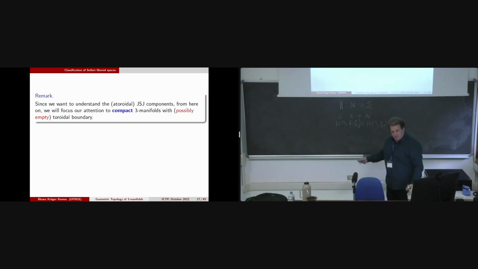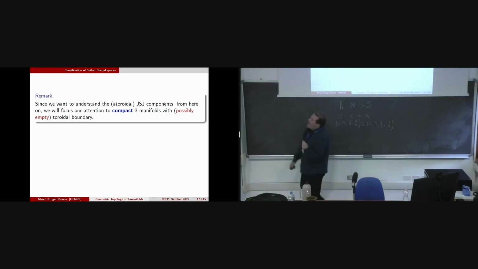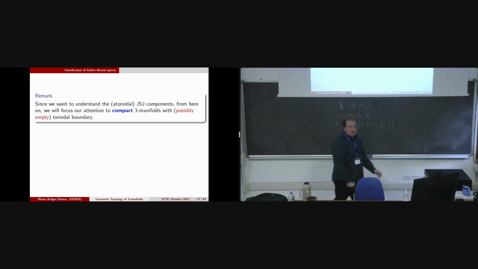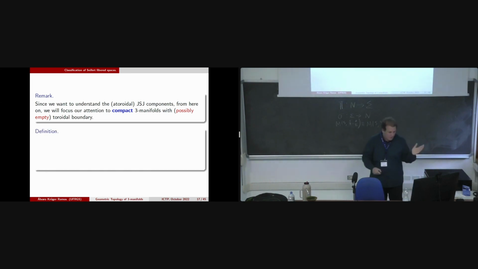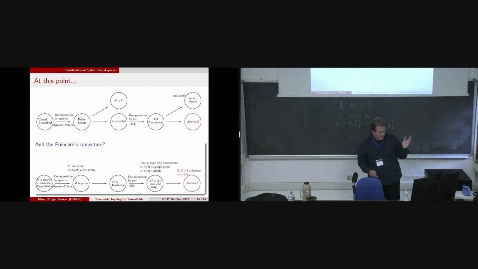Since we need to understand toroidal manifolds, and these manifolds have a toroidal boundary, we need to work now with compact 3-manifolds with toroidal boundary, which could be empty. Let me return a little bit.